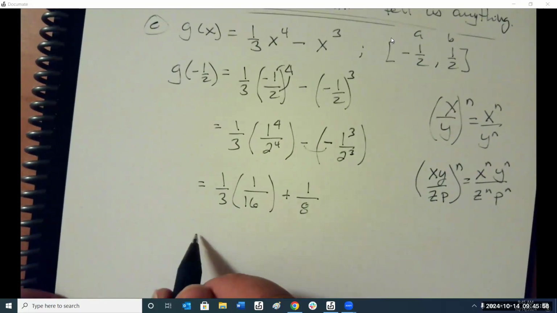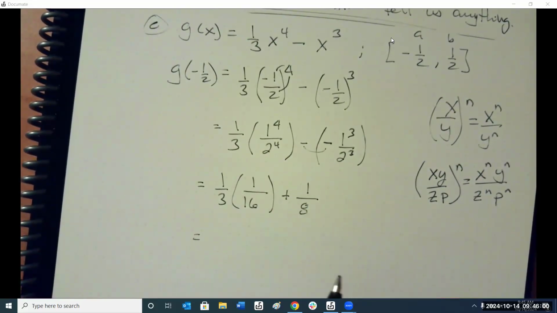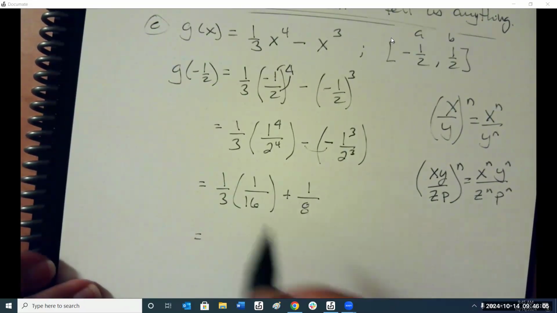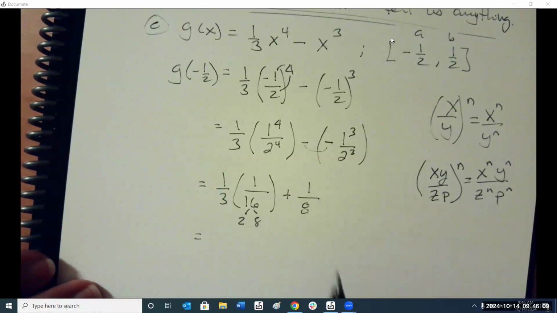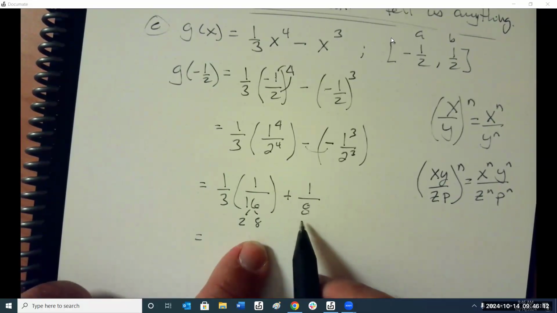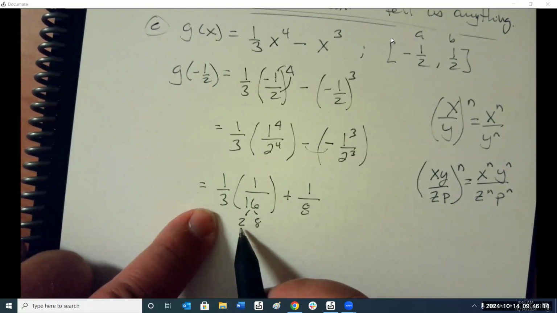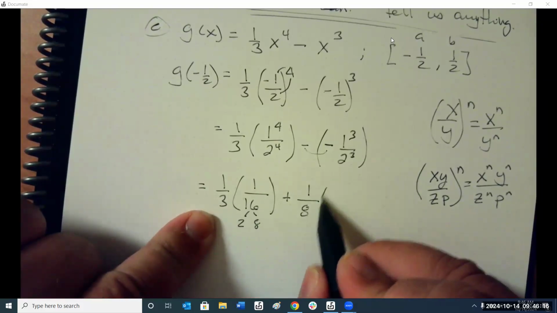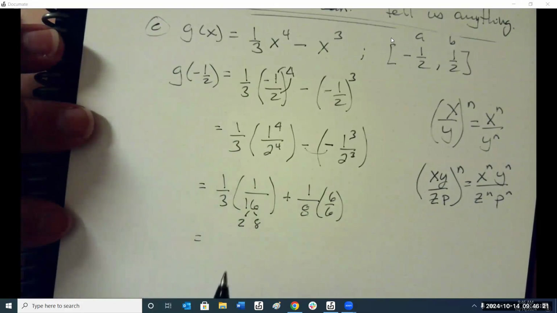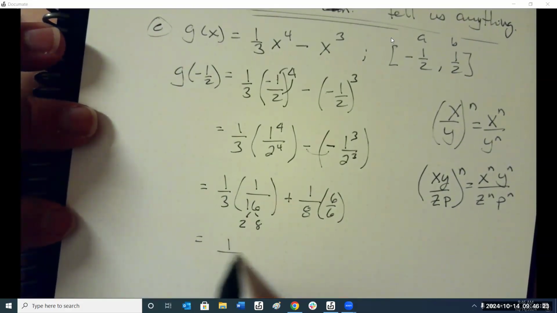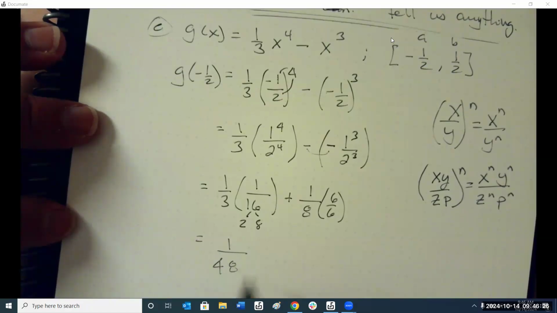Okay. Now, we know since we're adding and subtracting fractions, we have to have a common denominator. Right. So, here we can see that 16 is made up of 2 times 8. So they both have an 8 in common. All they need left is 3 times 2. So we just need a 6 over 6. So it's 1 over 48 plus 6 over 48.